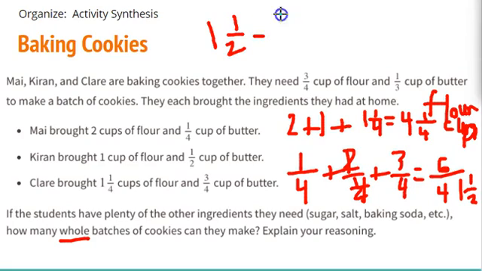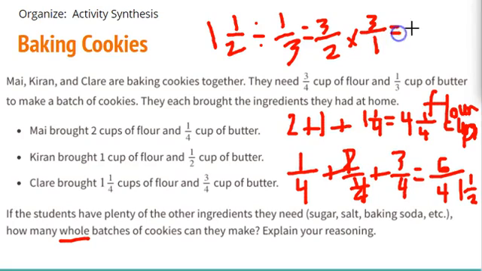We need to see how many 1/3 cups we can make out of that. So that'd be taking 1 1/2, which makes 3/2, times, make that 1/3 into 3/1. That gives us 9/2, which is the same as 4 1/2, right?